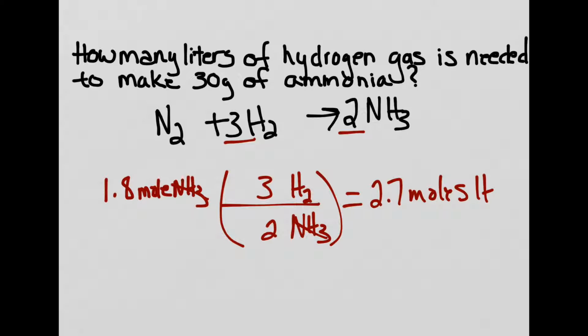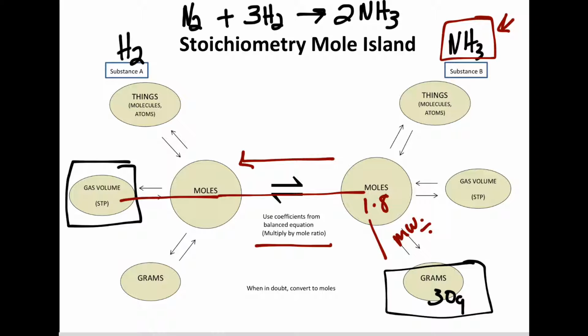of hydrogen gas. Let's go back and plug that in. 2.7. And we're on our hydrogen gas side. So now we need to convert that into volume, and we're going to do that by multiplying times 22.4. And just a reminder, you can go back to the mole conversion confusion to get a nice refresher of how mole island works if that's still confusing you.